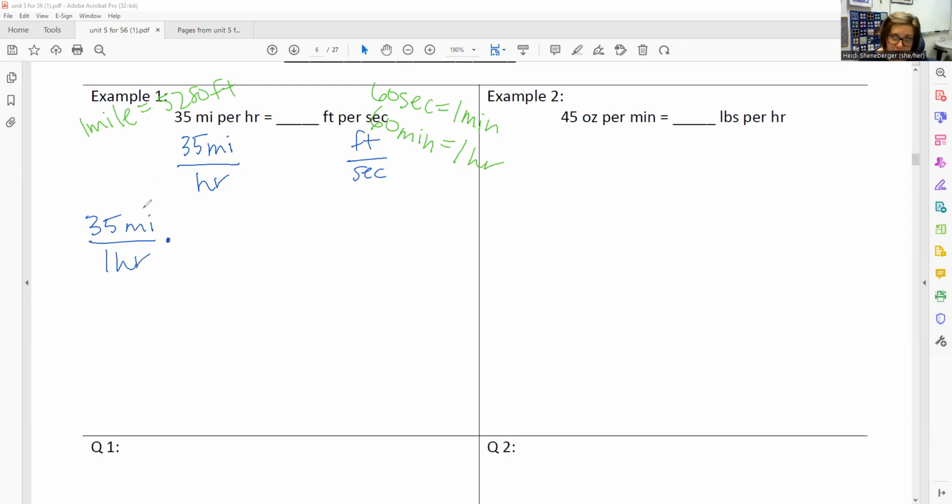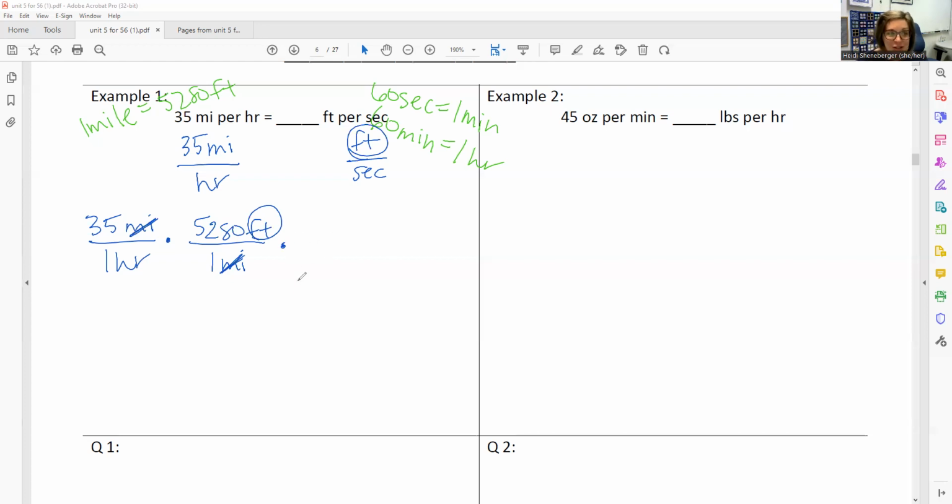See how my miles are up top here? Anytime I want to cross cancel something with a fraction, I want it to go from the top of a fraction to the bottom of a fraction. So the 1 mile I'm going to put down here so that I can cancel out those miles. And then my feet are going to go up here on the top, 5,280 feet, which makes sense because in my answer I want to have feet on the top. So I know I'm done with all my measurement needs.